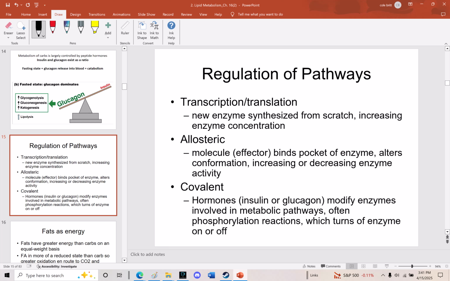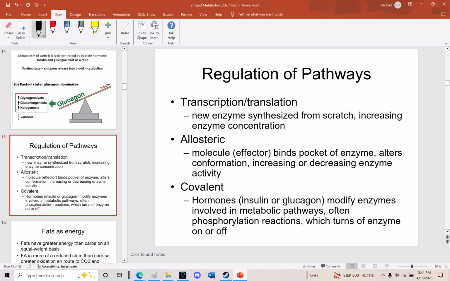So the molecule binds to the enzyme, alters the shape, increasing or decreasing the enzyme activity. That's allosteric regulation. Covalent regulation, that's what happens with insulin and glucagon. They modify the enzyme by its phosphorylation.